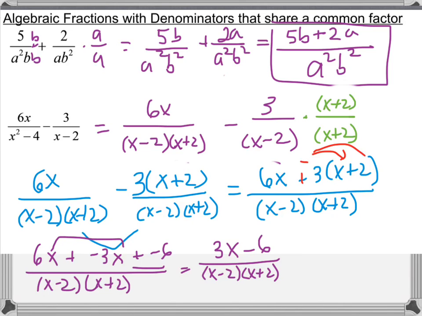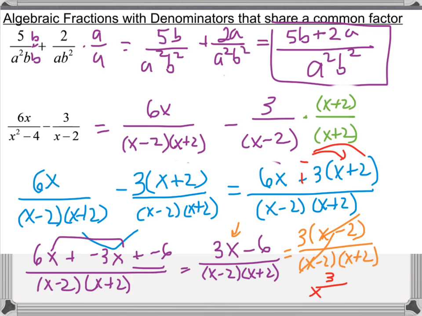And the final thing is to ask yourself whether you can cancel anything. Now the numerator actually has a way that we can factor it. 3 is a GCF, so I can go 3 and then I have x minus 2 remaining. And on the bottom, since I have an x minus 2 and an x plus 2, one of those cancels. So the last thing that I have here, my final answer, is 3 over x plus 2.